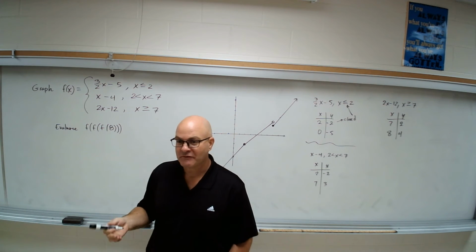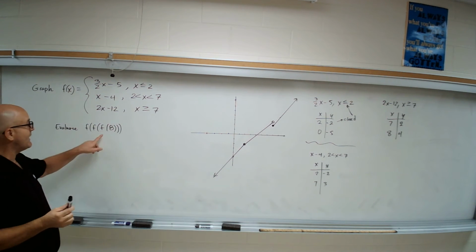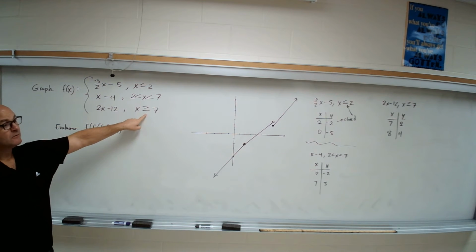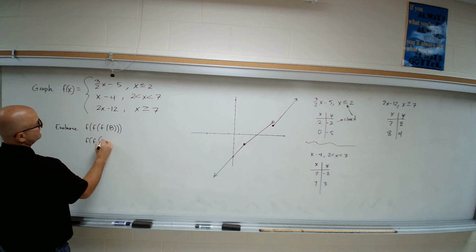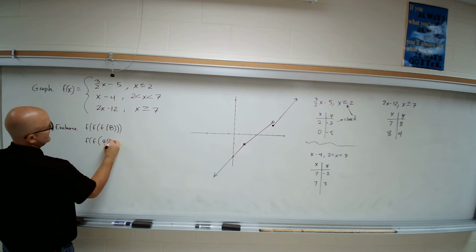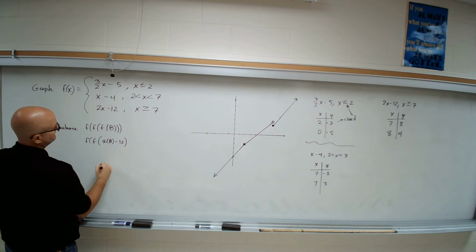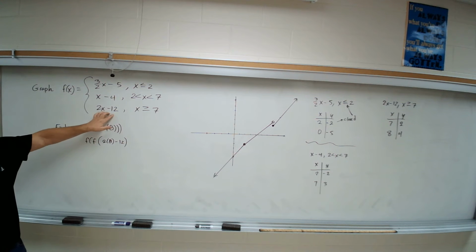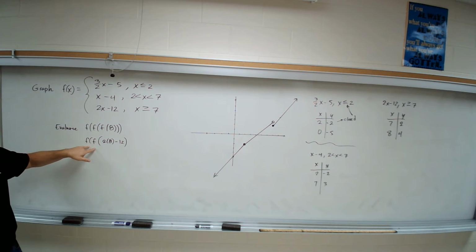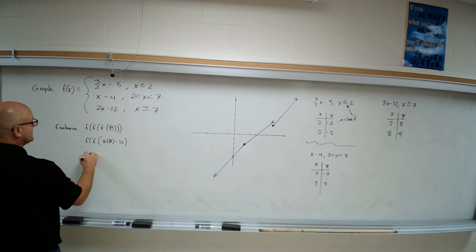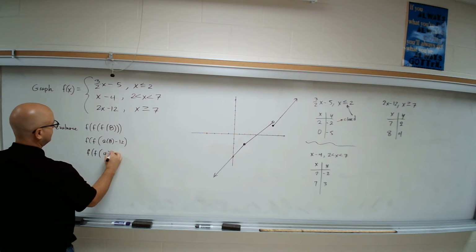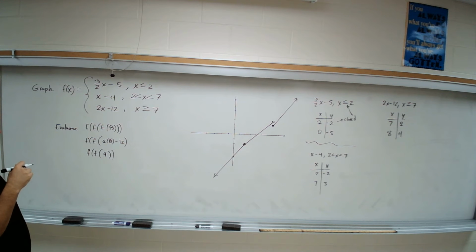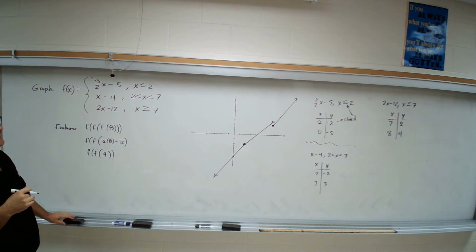Kind of fun. You get to use all the functions. So for that one, we do f of 8 first, which would be in this interval. So that's going to give us f of 2 times 8 minus 12. Again, I just plugged 8 into this rule. These outer 2 f's are just doing their thing. So that's f of 4, and yeah, it is 4, right?